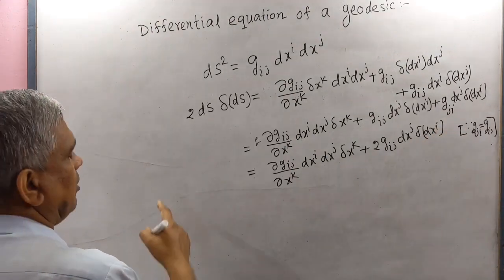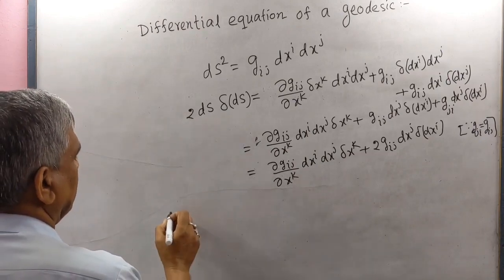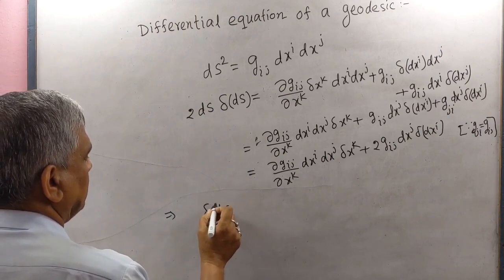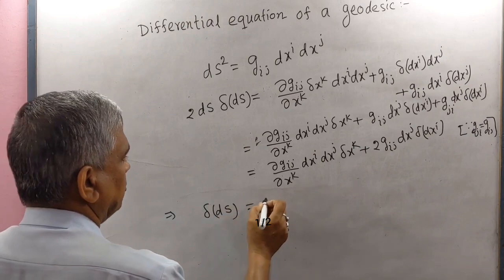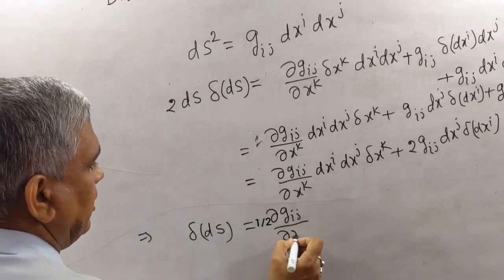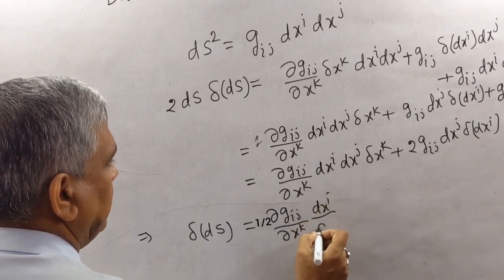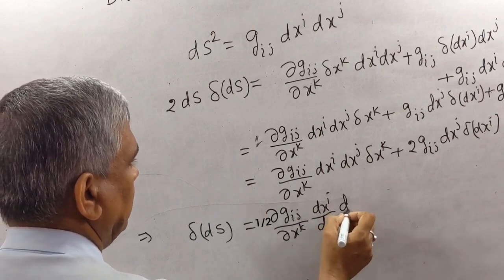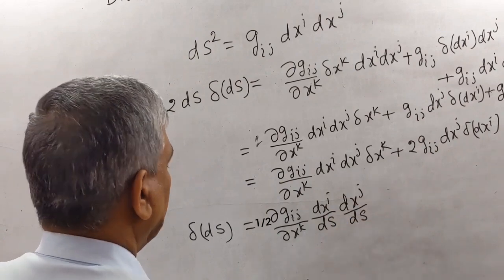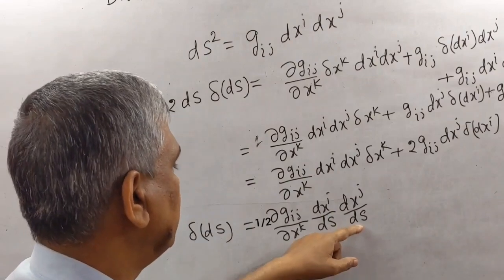Now dividing both sides by 2ds, we get delta ds equal to del gij by del xk dxi by ds dxj by ds. Here we have only one ds, here we have used two ds.